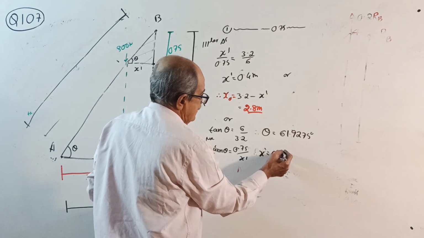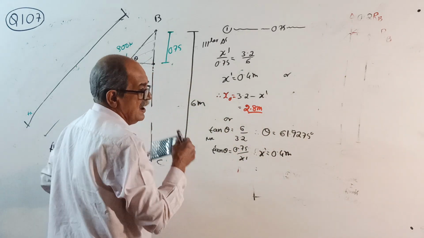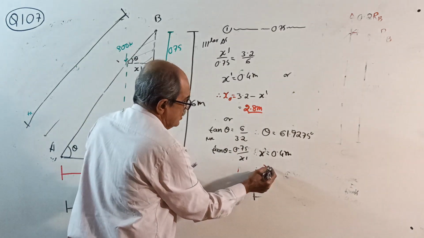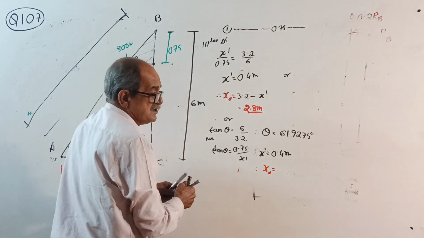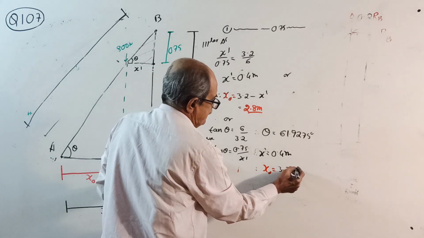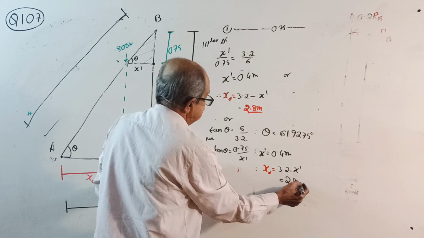X dash will come 0.4 meter. Therefore, your red color value x naught equal to 3.2 minus x dash, substitute, 2.8 meter will come. This is applicable not only for this question, any question in future.